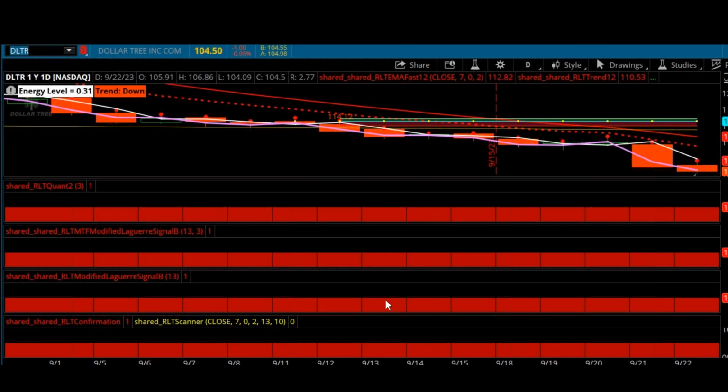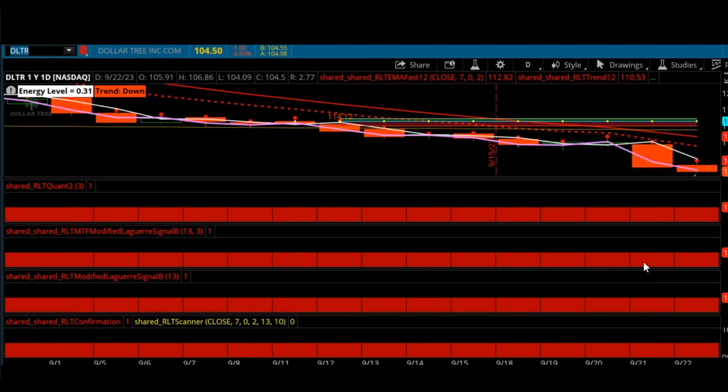Now what we're looking at here are the things we just talked about. This line right here is really important. This is the multi-time frame momentum, and this is the current time frame momentum. So if I'm looking at a daily chart, this is telling me there's a lot of selling going on the daily. This tells me there's a lot of selling going on the 1-day, 3-day, and 9-day.